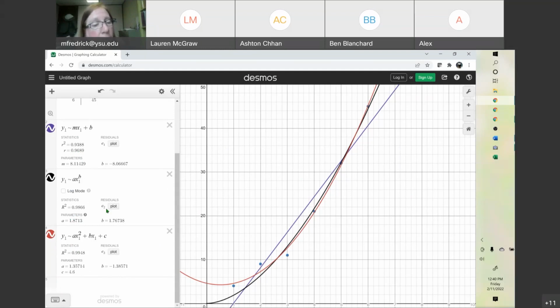And then the parabola is even closer, 0.9948. So if we had to choose one, the parabola would be the closest. But again, none of them are bad. But you can see the parabola is the red one, and it's going between the dots more than the other two. Any questions on that?